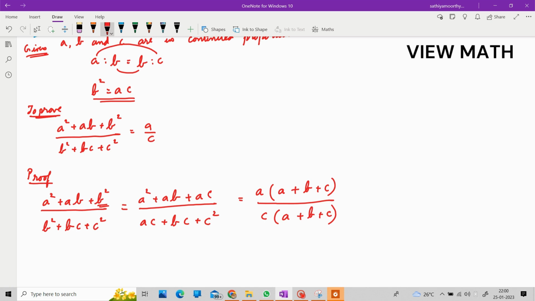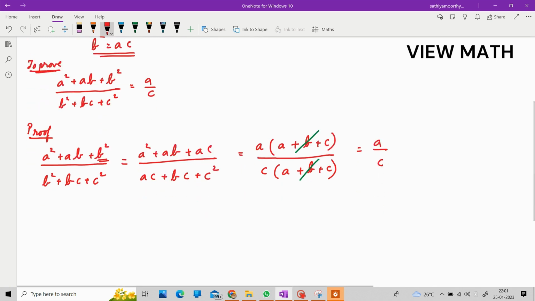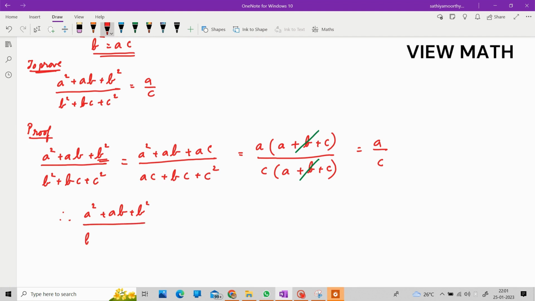Now I can see a plus b plus c is common in the numerator and denominator. I can cancel it. So this is equal to a by c. So this is the thing they are asking us to prove, and we have proved it. Therefore (a square plus ab plus b square) by (b square plus bc plus c square) is equal to a by c, hence proved.